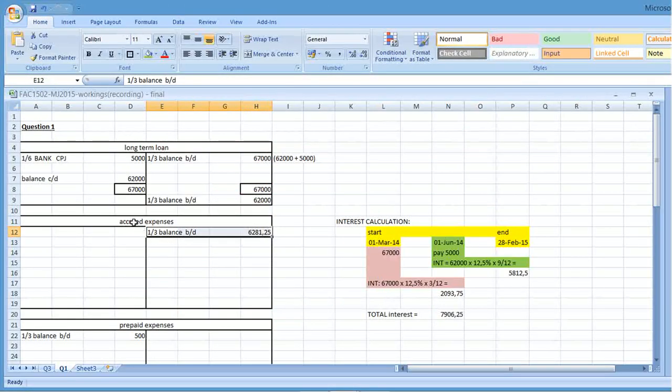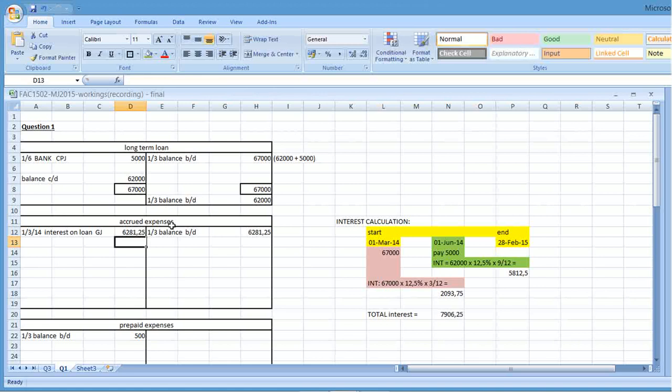If it's an accrual, the accrual gets closed off to that specific account. So there will be an opening adjusting journal entry on the 1st of March 2014, and that would have been for the interest on loan. That would have been a transfer from previous month's general journal, and the amount here was given as 6281.25.